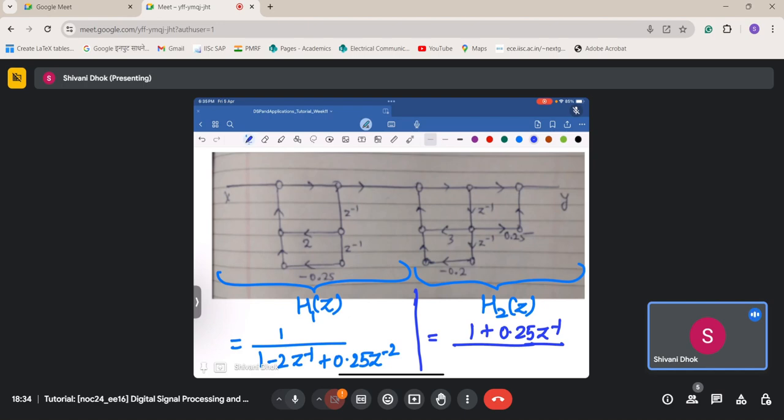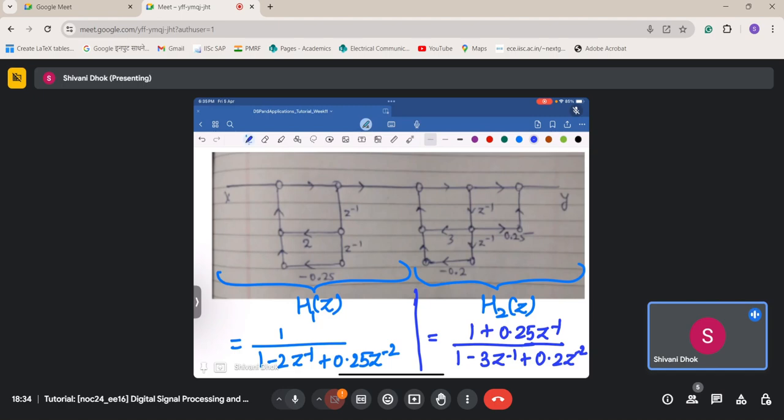And in the feedback part we will have this gain as 1 minus 3z inverse, so this is 3, so z inverse into minus 3, plus 0.2 z to the power minus 2.